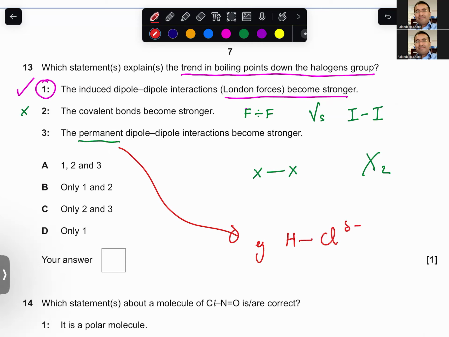Permanent means chlorine in this example is permanently more electronegative than hydrogen. So the answer is going to be 1 only, 13D. Yep, and that's correct, according to the mark scheme.